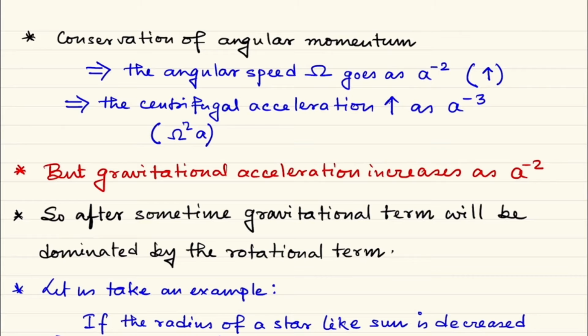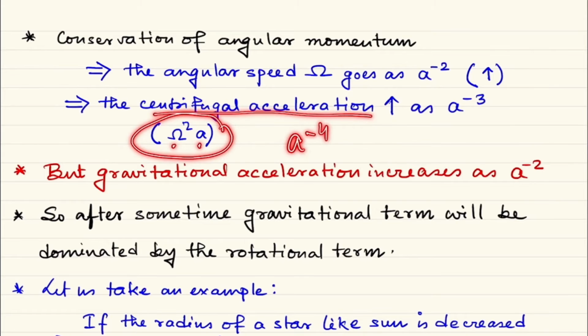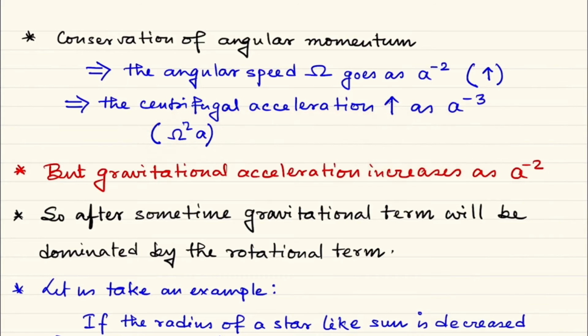And if this follows a law of A to the minus 2, then the centrifugal acceleration, which has a law of omega squared A, will now follow A to the minus 4 times A, which is A to the minus 3, correct? So the centrifugal acceleration will go up as A to the minus 3.